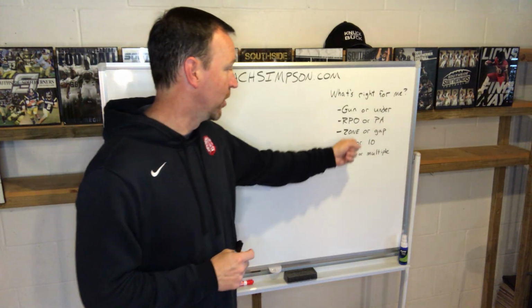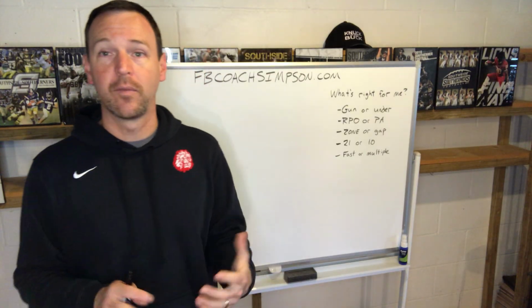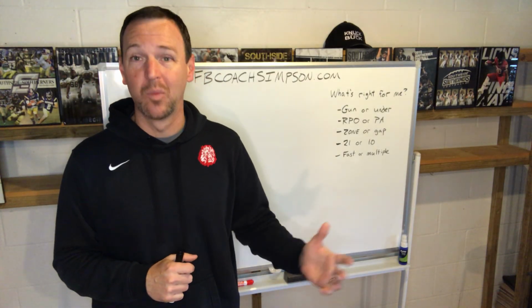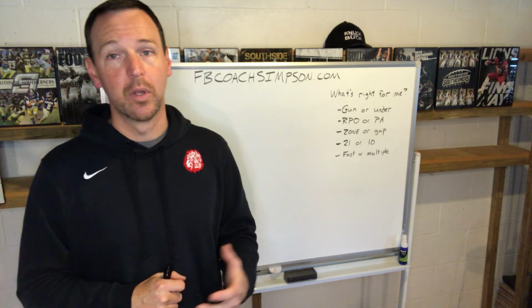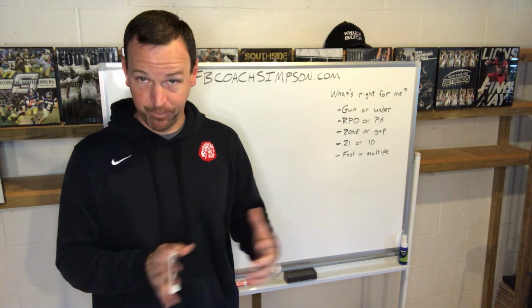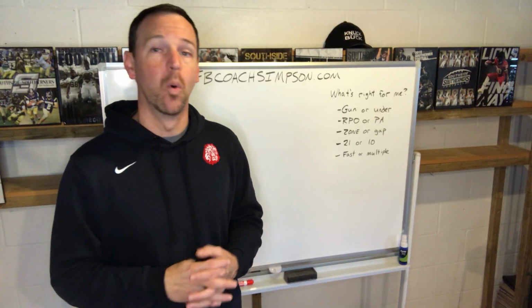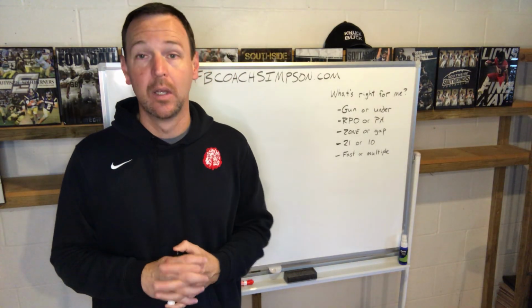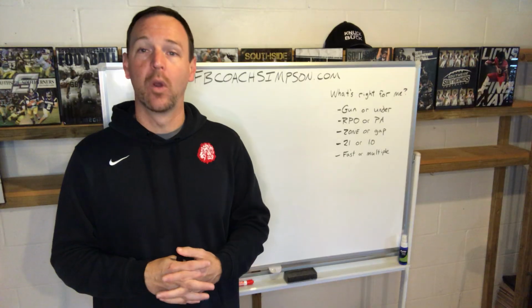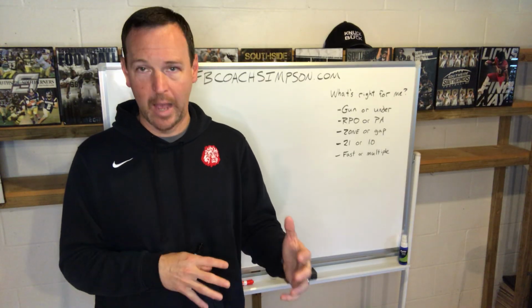So if you feel like you've got a pretty good offensive line and a really good running back, you can run zone scheme and be pretty good. If you feel like your running backs are not the best with vision, or maybe your line isn't really big, then you may want to look at more of a pin and pull gap scheme.